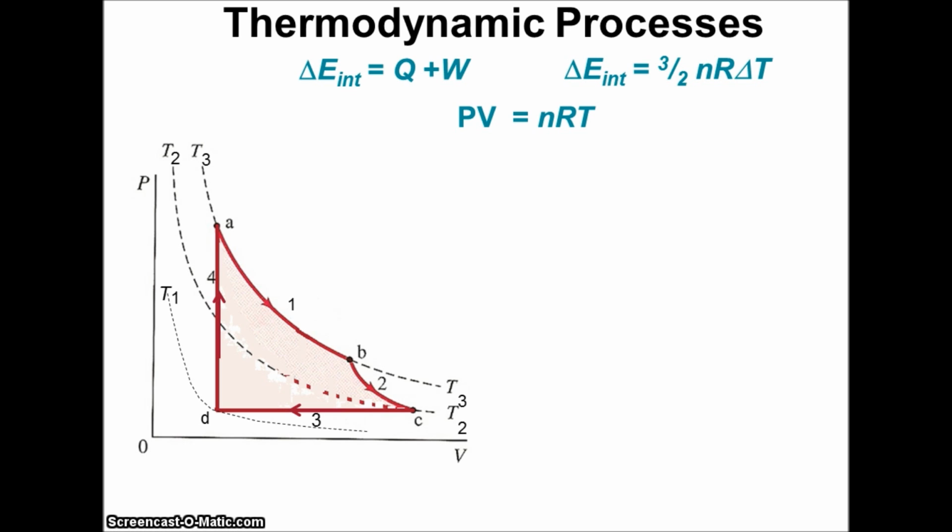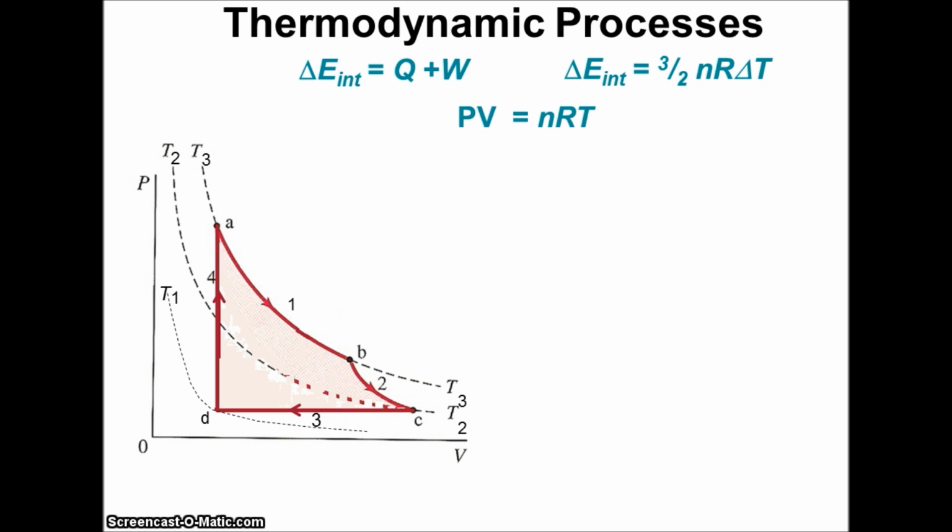Then when it goes from B to C, it goes from one isotherm to another isotherm. That is an adiabatic process. And then when it goes from C to D, that's at a constant pressure. That's an isobaric process. And then finally, when it goes from D back up to A, the volume doesn't change. That's an isometric or isochoric process.